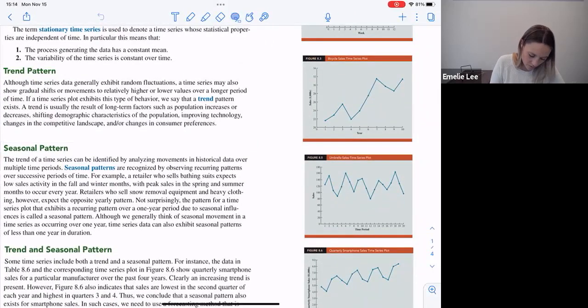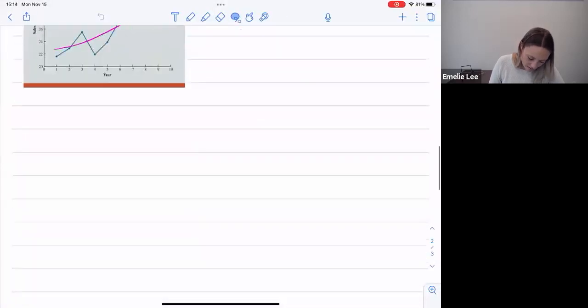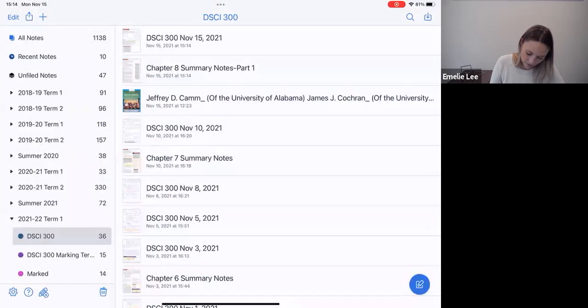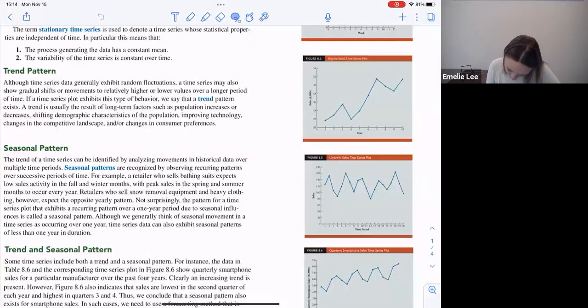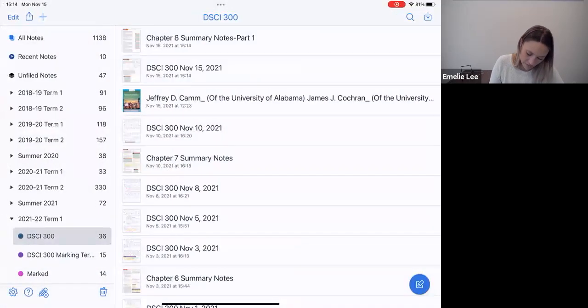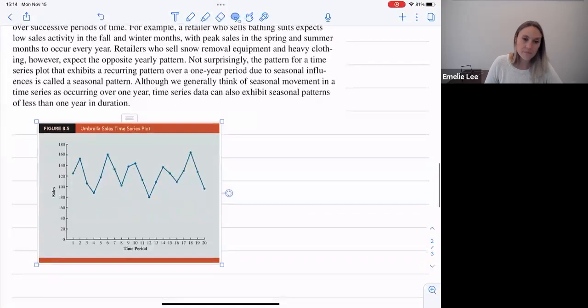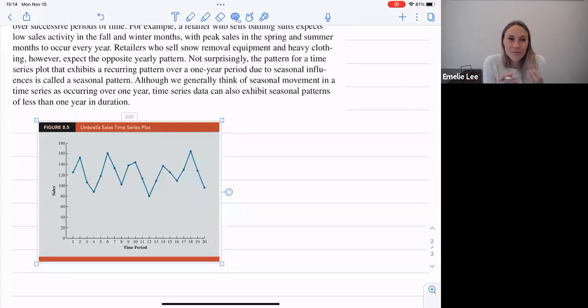We could also be dealing with seasonal patterns. Whenever you're in a seasonal business, you're selling fruits and vegetables, or umbrellas in this case, or ice cream, or heavy jackets, there are a lot of things that we could sell that have this seasonal aspect to it.